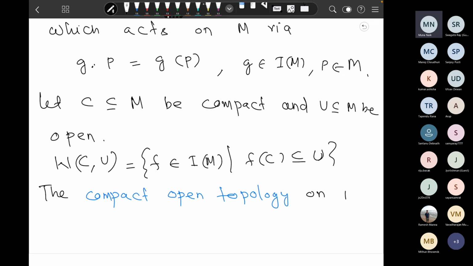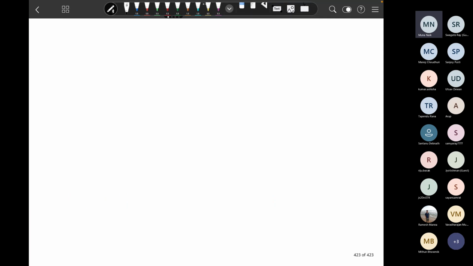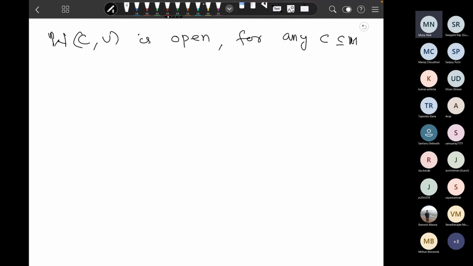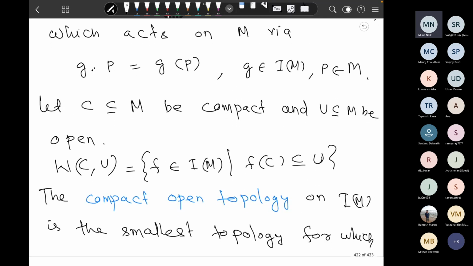The compact open topology on I(M) is the smallest topology for which this W(C,U) is open, and this happens for any compact C subset of M and any open U subset of M. So remember that in W(C,U), C is a compact set and U subset of M is an open set.